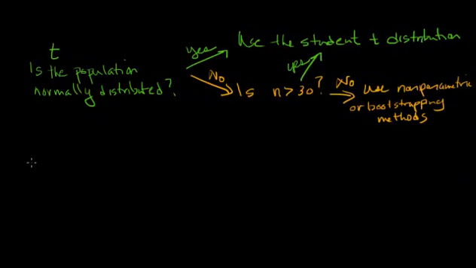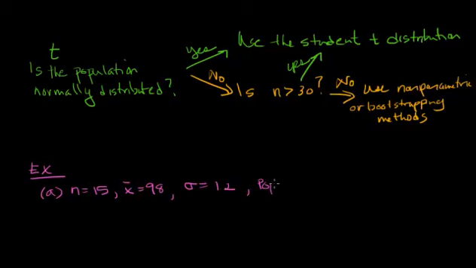So we'll just look at some basic information. In our first example, we'll say we have a sample size of 15. We have a sample mean of 98, a population standard deviation of 1.2, and we know that the population has a normal distribution.